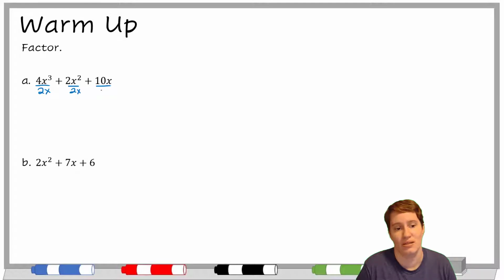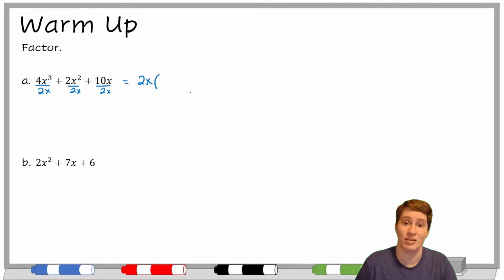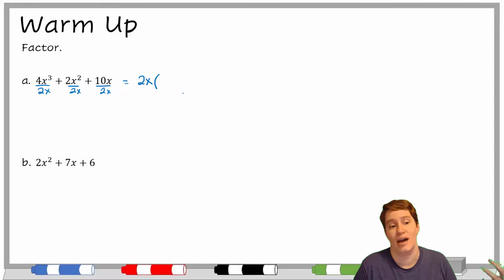And the way we write this, remember, is we say, okay, the thing they have in common goes outside my parentheses, and then inside the parentheses, I put what happens after I divide each of these by 2x. As we're dividing these, we divide the numbers, and then we think about how the x's will be affected by dividing by an x. So 4 divided by 2 is 2.